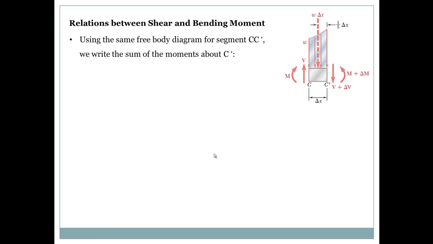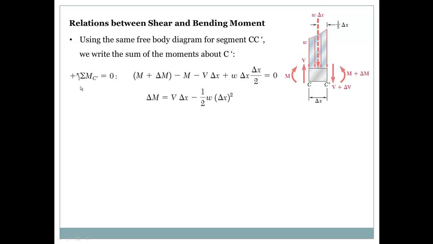I'm going to use the same free body diagram. Now I will sum the moments about point C prime. So, the summation of the moments about C prime equals 0.